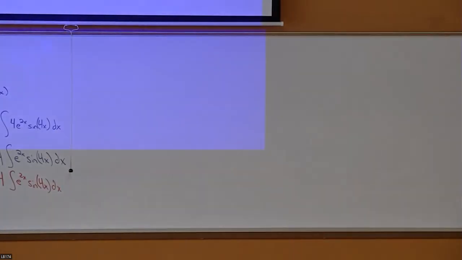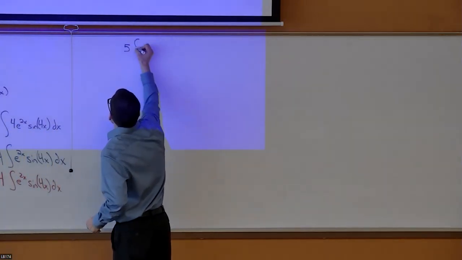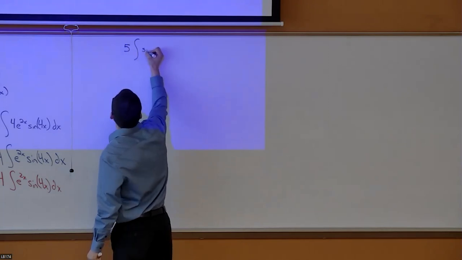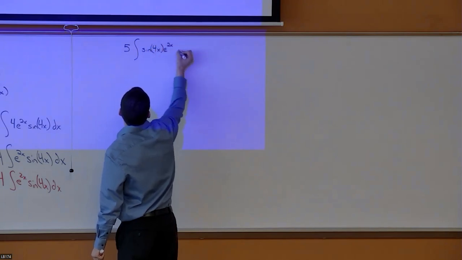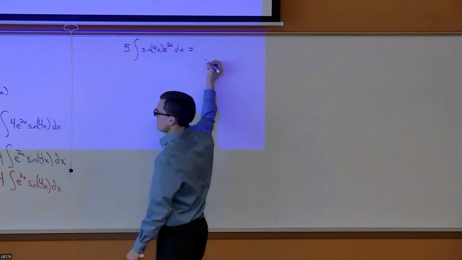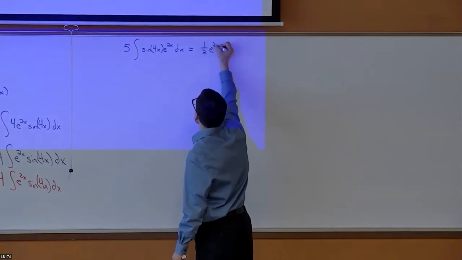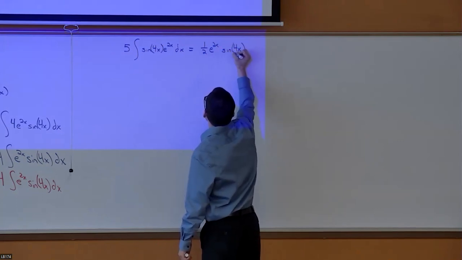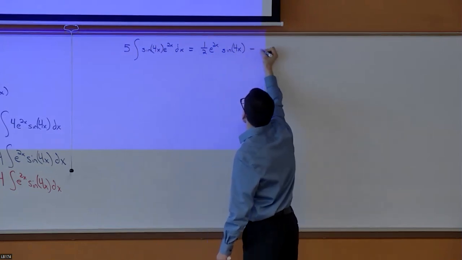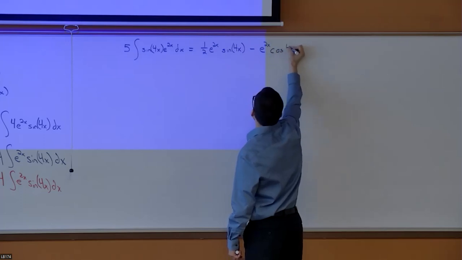So let me write down what I have. Over here, 5 times that integration is equal to 1/2 e to the 2x times sine of 4x minus e to the 2x times cosine of 4x.